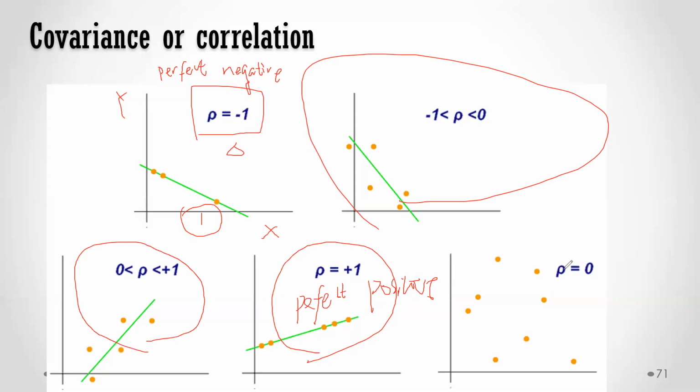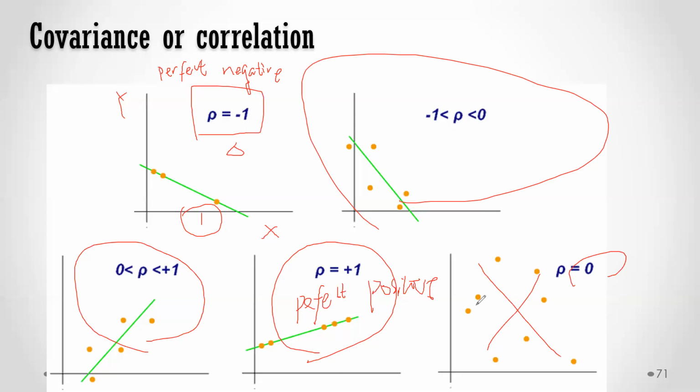Finally, if the correlation is 0, that means you cannot find any pattern in X and Y's movement. We cannot draw a straight line to capture the co-movement between two stocks.